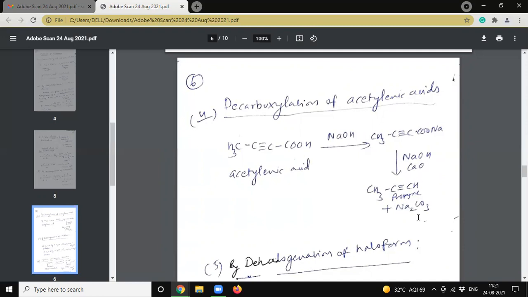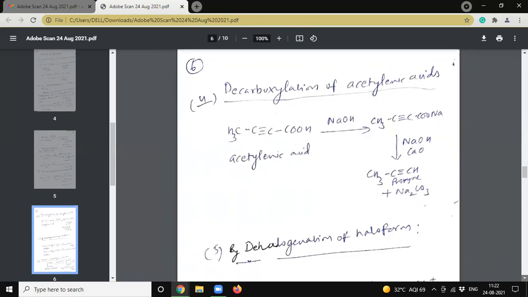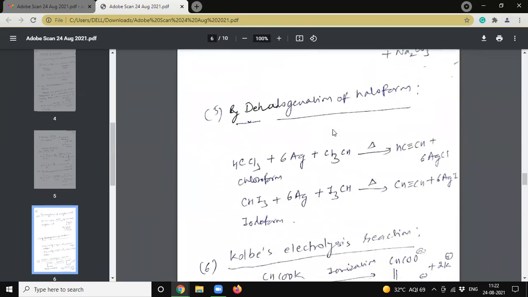Here it is propyne. By dehalogenation of haloform: chloroform or iodoform, when reacted with silver, 2 moles of chloroform and 6 moles of silver, will give ethyne.